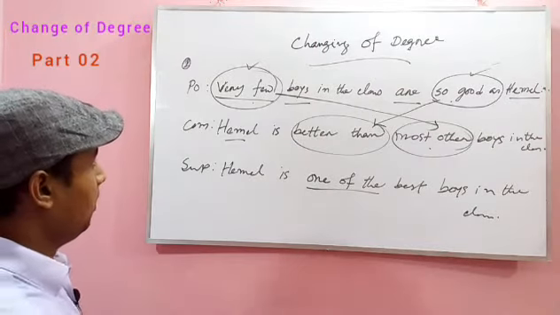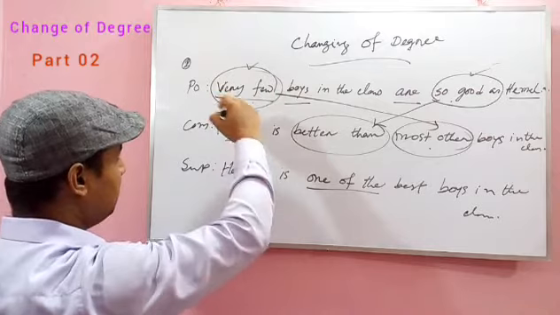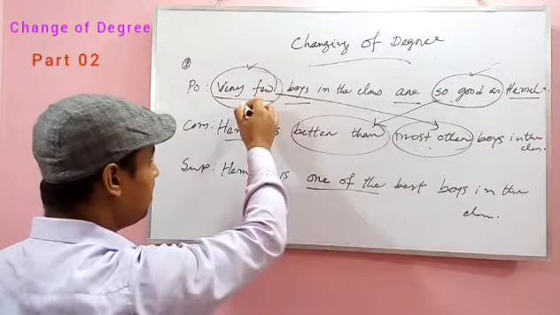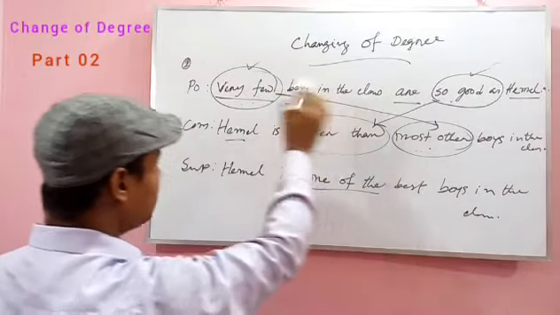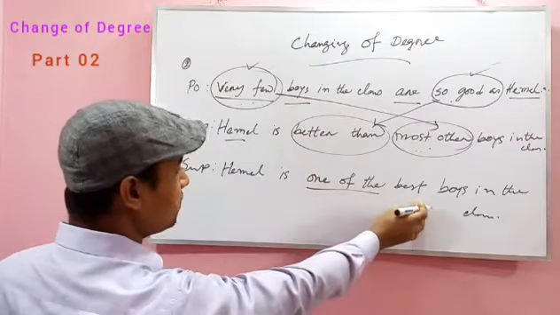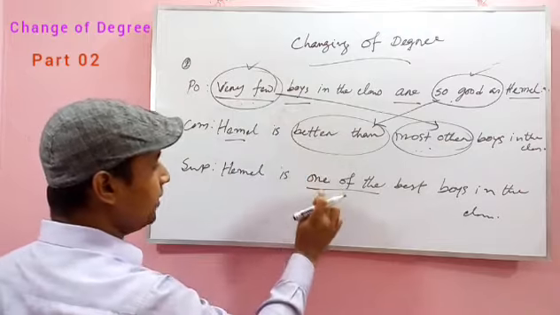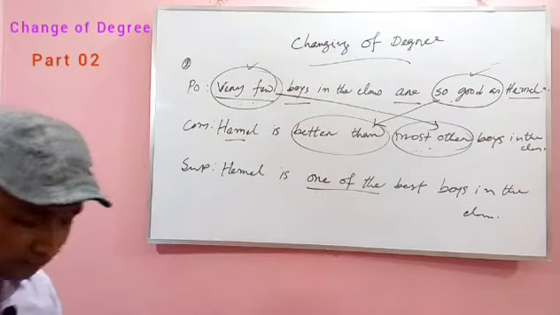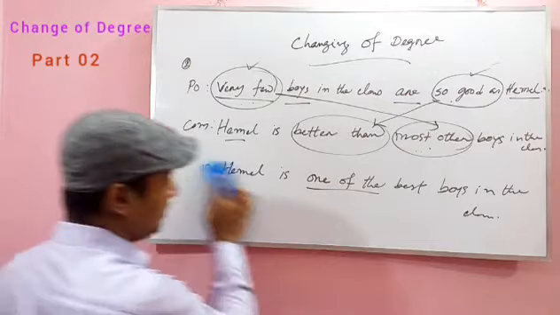When you find no other, you will give any other. When you find very few, you will give most other. When you find no other, you will give the plus superlative form. When you find very few, you will give one of the plus superlative form. This is the difference. Okay, now I will give another, the third and last example.